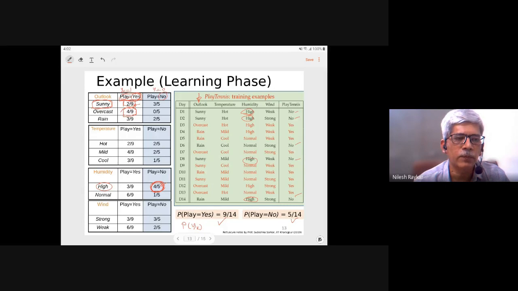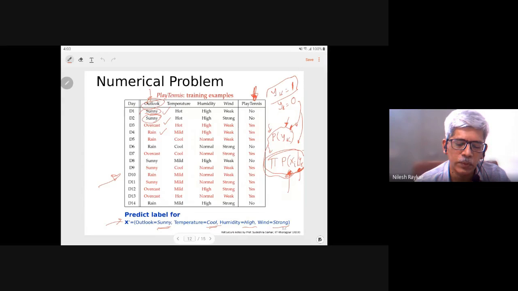If you have a large number of labels, then this will become more tedious, and that is where the computer comes to your help. So let's now solve our problem. We have been given a certain pattern, and for that pattern we want to predict. We want to know when the day is sunny, cool, high humidity and strong wind, whether one would play tennis or not.